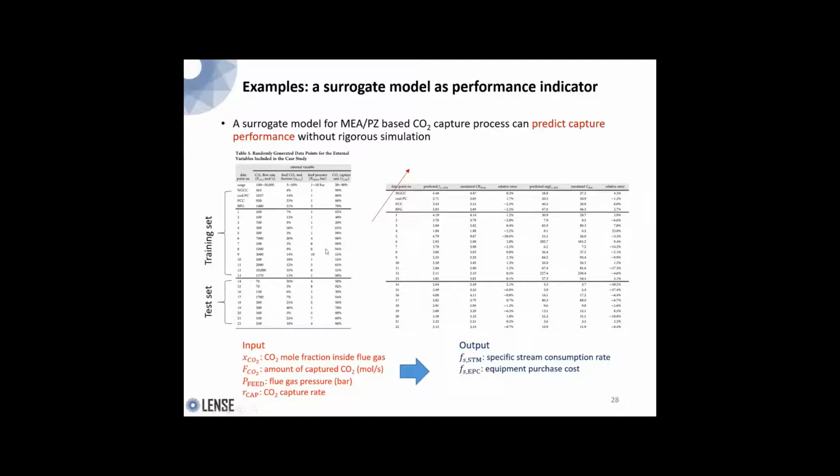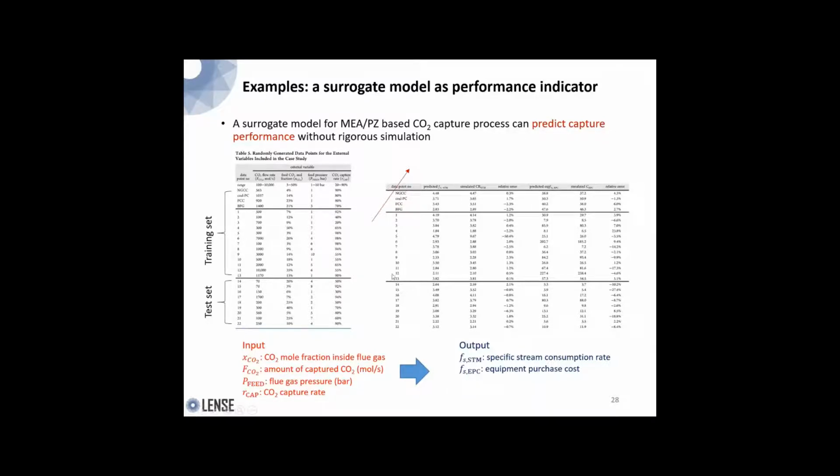Just very, very difficult in the context of process synthesis. So what we did is we created this training set with different CO2 flow rates, CO2 mole fraction, feed pressure, CO2 capture. All these inputs were varied, right? So we created different combinations, 13 different conditions, well, 22, but we used 14 through 22 as the test set, right?